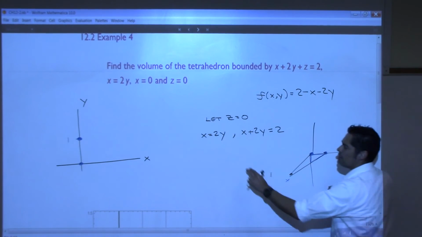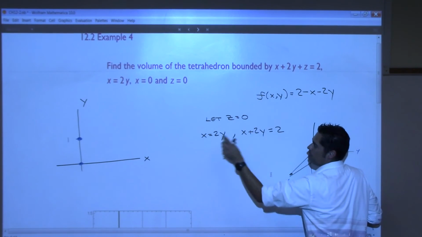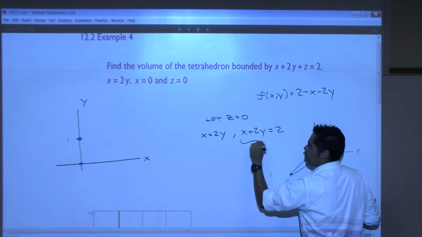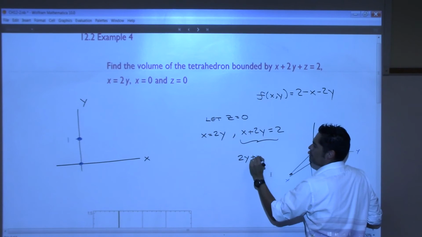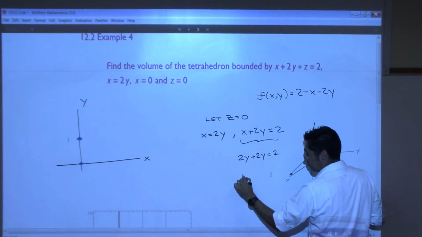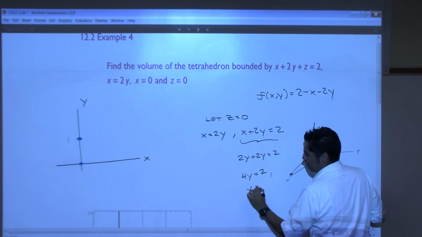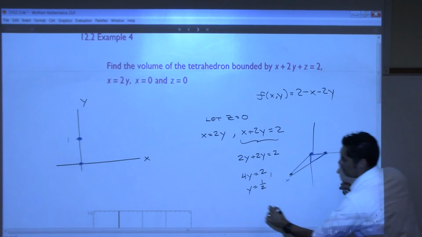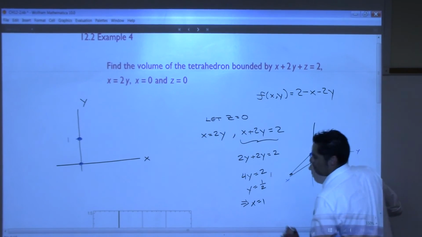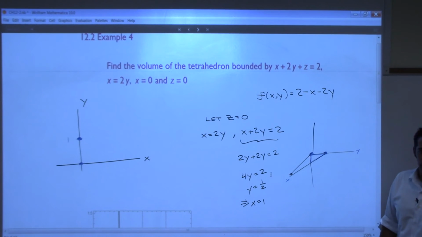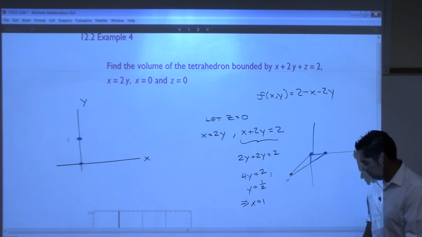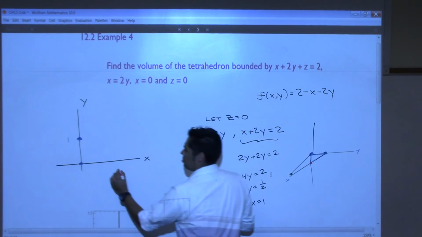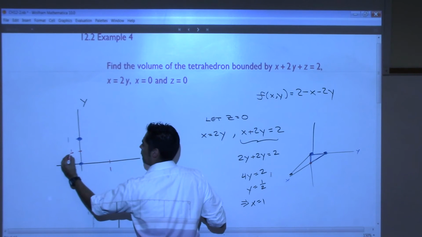I'll replace x with 2y. So 2y plus 2y equals 2, 4y equals 2, y equals 1/2. If y is 1/2, what's x? Which implies x is 1. So that's where they hit each other, at the point 1, 1/2. So that corresponds to this point right here. 1, 1/2.